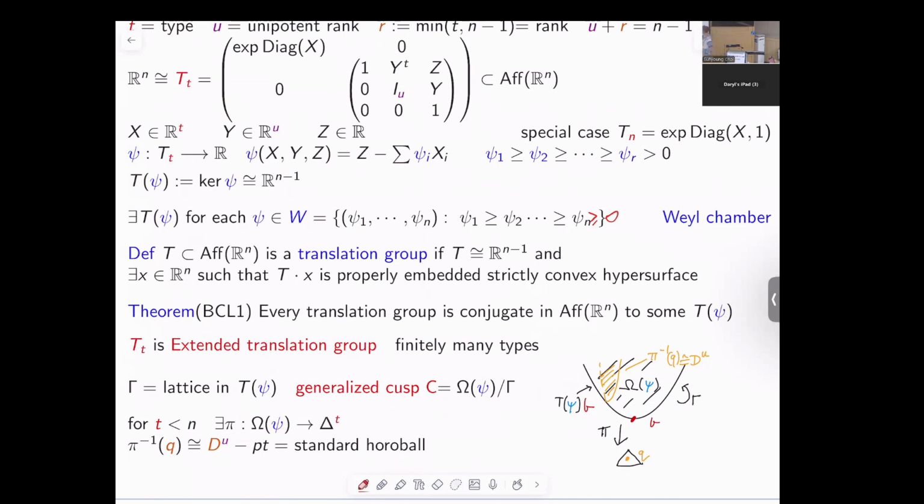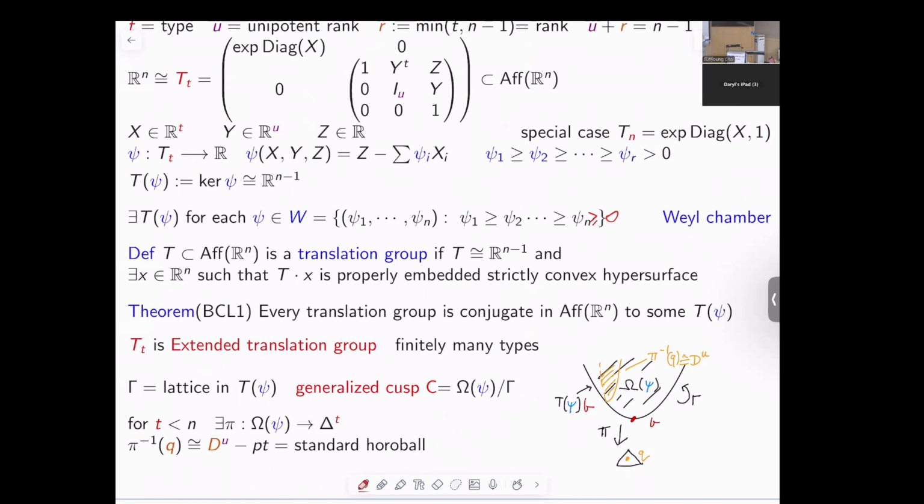Okay, so the classification result tells you what the possibilities of generalized cusps are. And what do they look like? So if you take one of these groups, you orbit a point, you get some convex hypersurface in affine space. You take the set of points above that, that's the domain omega. Now, there's a linear projection of affine space onto a simplex where you take the coordinates corresponding to the x coordinates. That projects this domain onto a simplex.